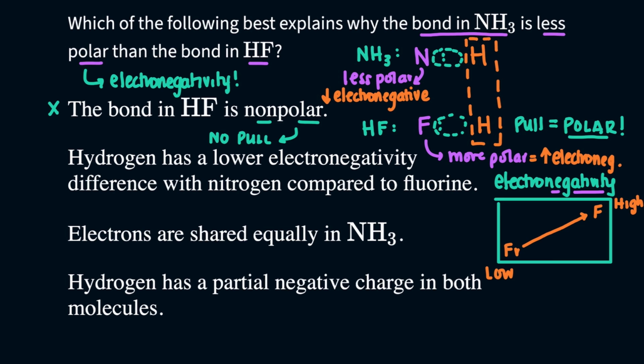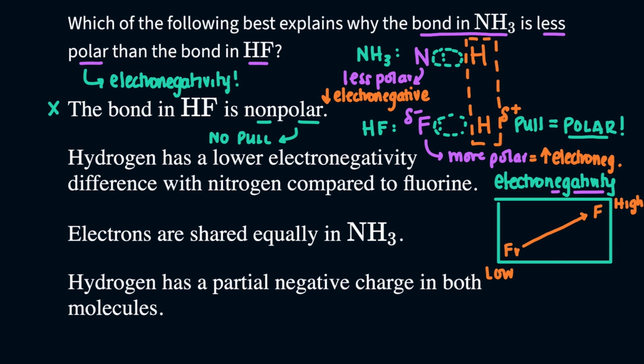So the higher the electronegativity, that's the partial negative. So for fluorine, since this guy is the highest electronegativity, you tell me, would this be partial negative or partial positive? Yeah, partial negative. And the other one would by default have to be partial positive.